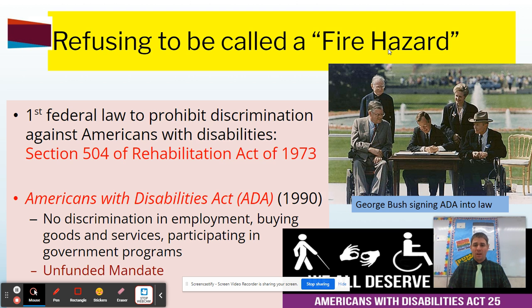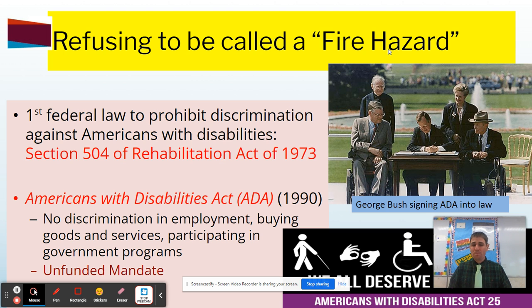This is an act that makes it illegal to discriminate in employment, allowing groups to help buy goods and services and participate in government programs. And part of that is ensuring that public facilities allow for the disabled to have access in.